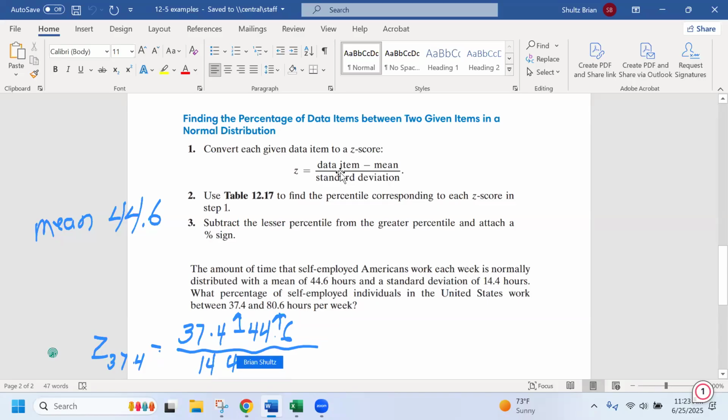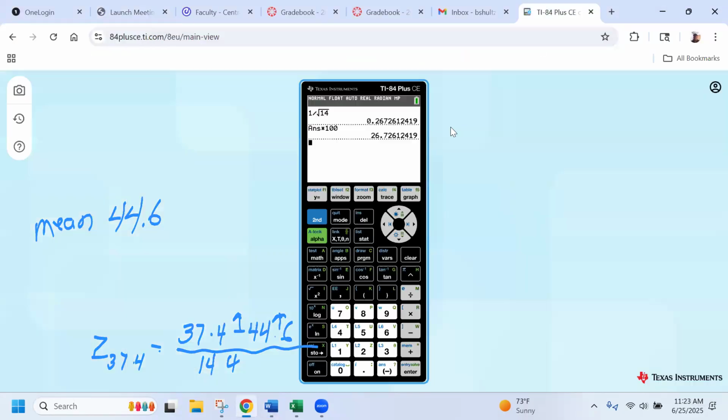Grab my calculator. 37.4 minus 44.6 divided by 14.4, and I get negative 0.5.